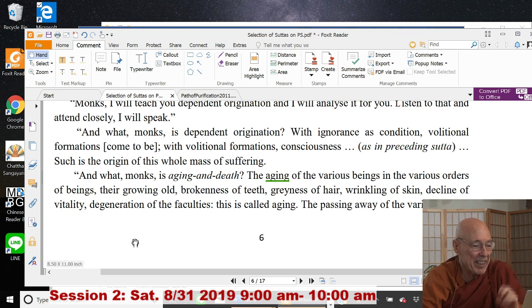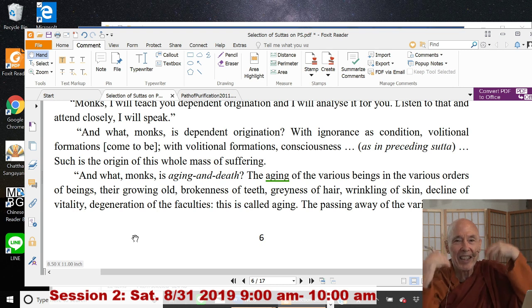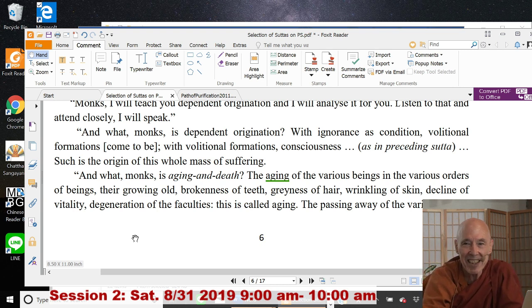Then there comes the degeneration of the faculties, or the decline of the faculties. So when we're young, we could see in the distance very clearly. When you get older, even when you reach your early 20s, a lot of people become nearsighted, so they need eyeglasses to see in the distance. When you get still older, then you need eyeglasses to see things close up.